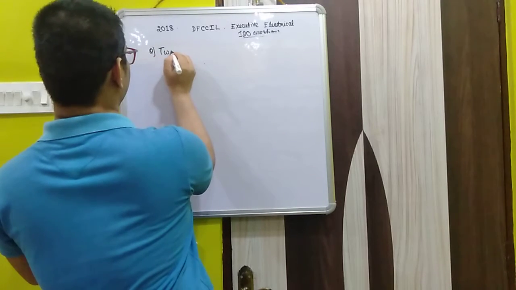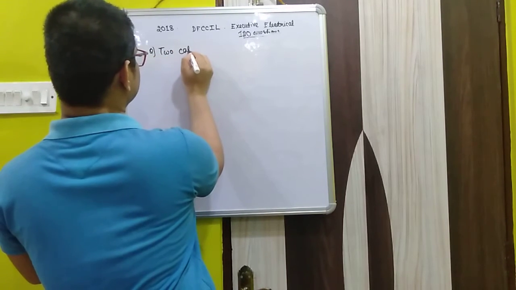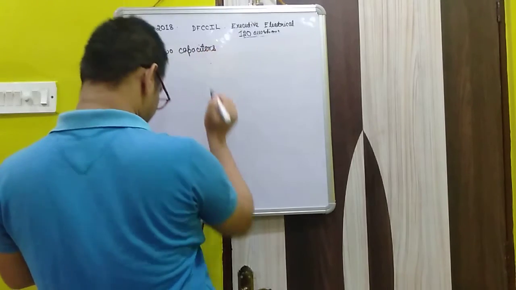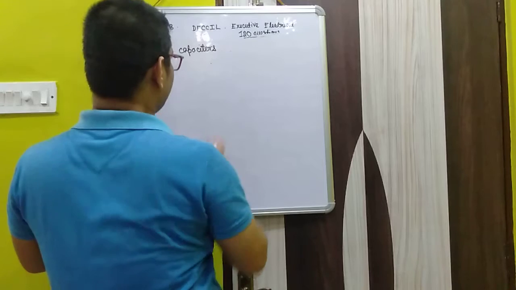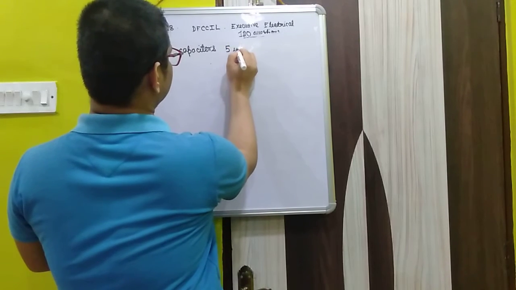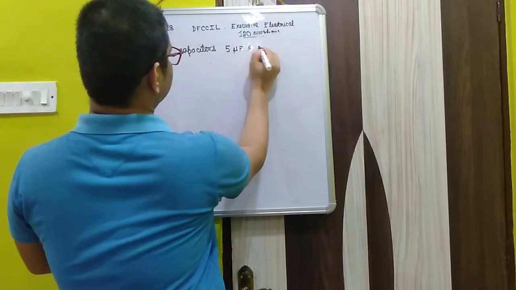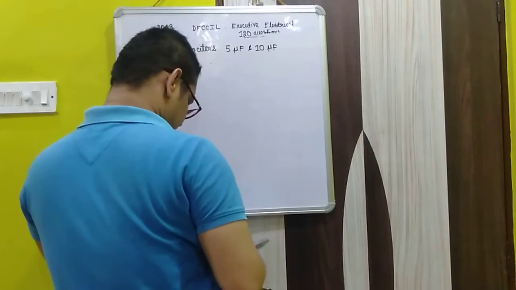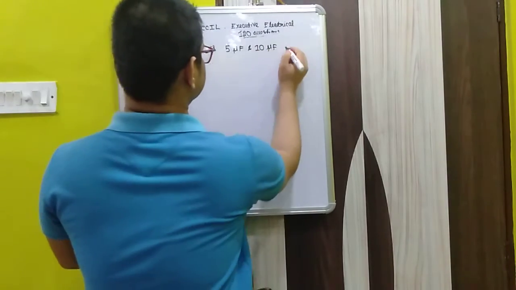Two capacitor values are 5 microfarad and 10 microfarad. These two are connected in series across a 200 volt supply.